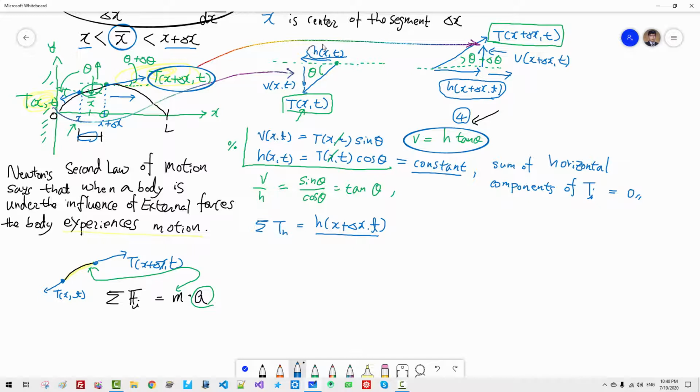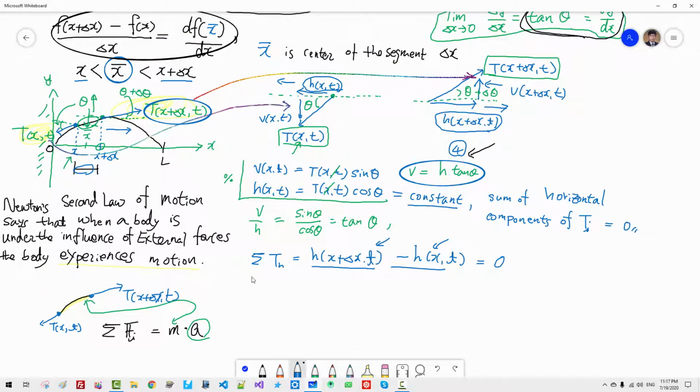In this case, the horizontal component points to the decreasing x direction, so it is negative, minus H(x, t). This is the sum of horizontal components. Because the horizontal component H is constant, these are the same in magnitude, so the sum is 0.